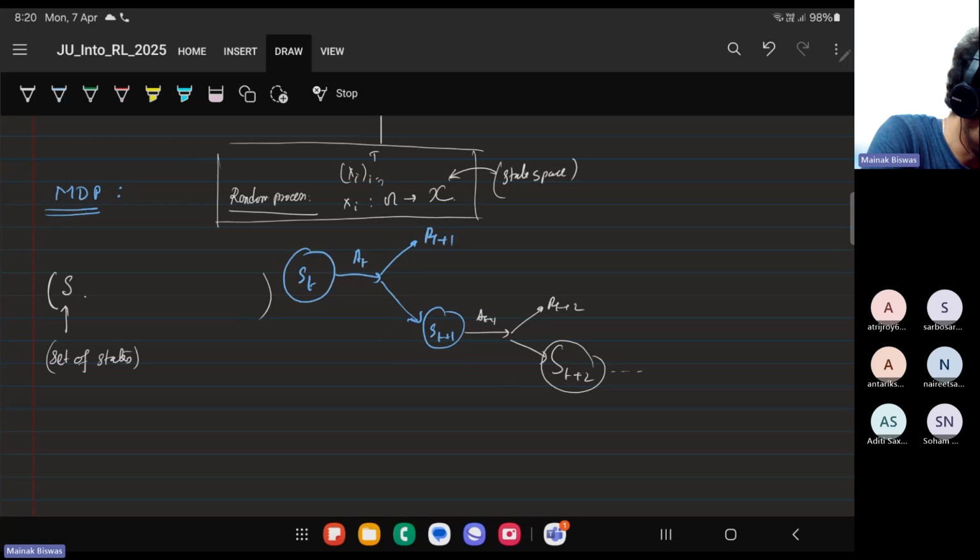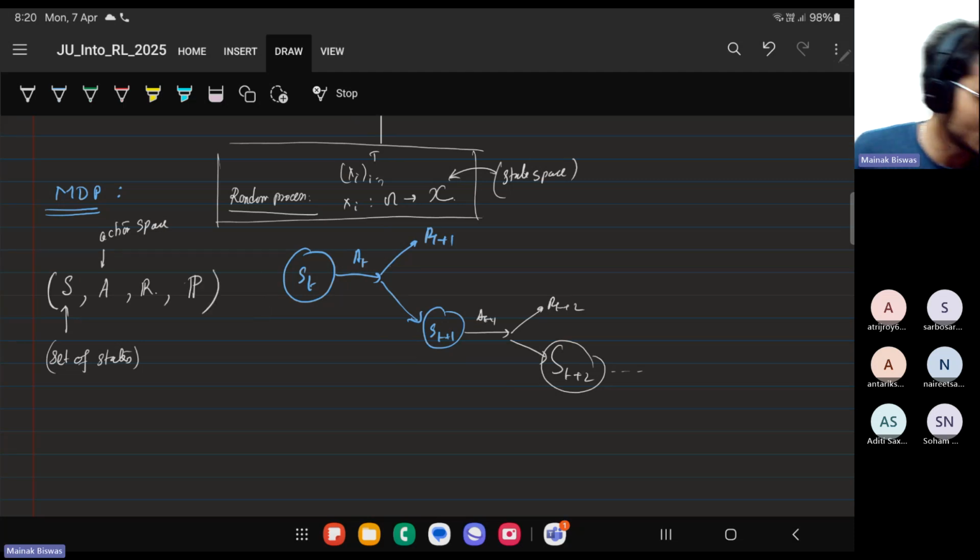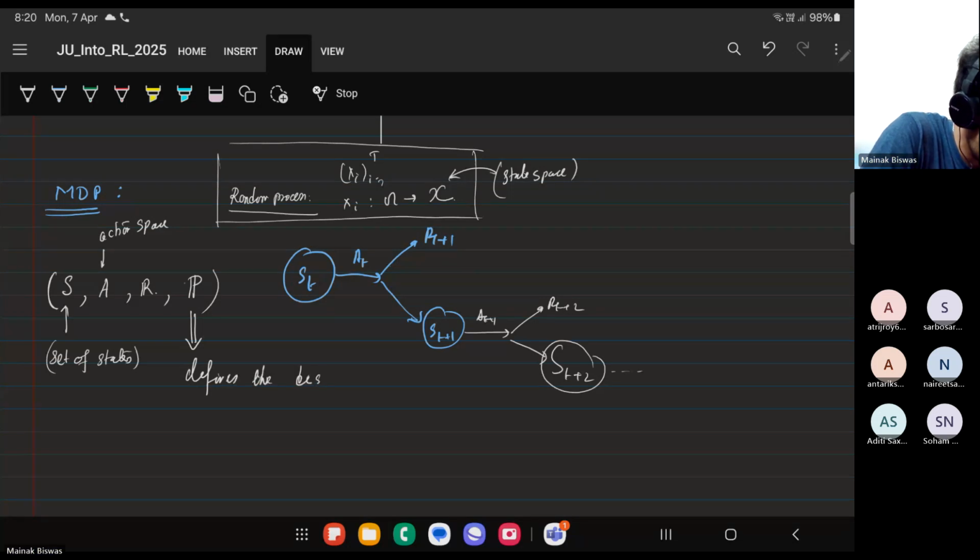Say state space S, and action space A. This is the action space. Then you have a reward. And what else do you have? You have a probability distribution P. We'll see what this probability distribution P is. This P defines the distributions over states and actions.